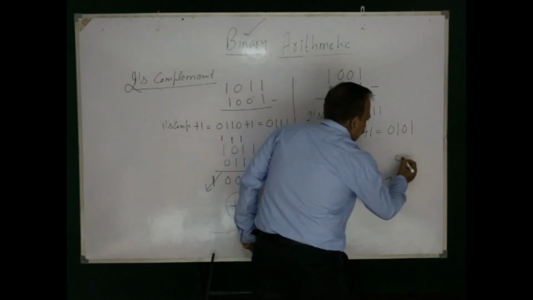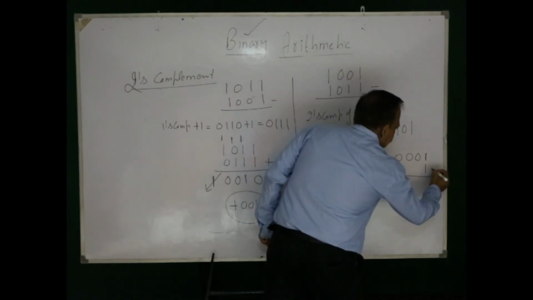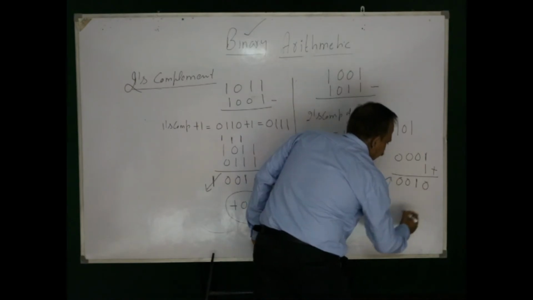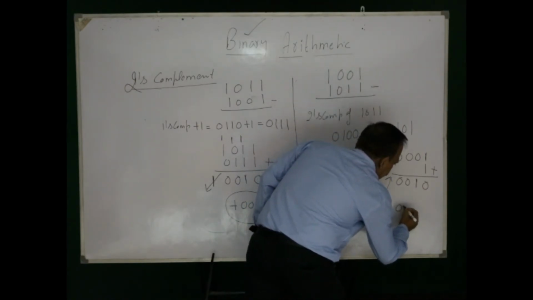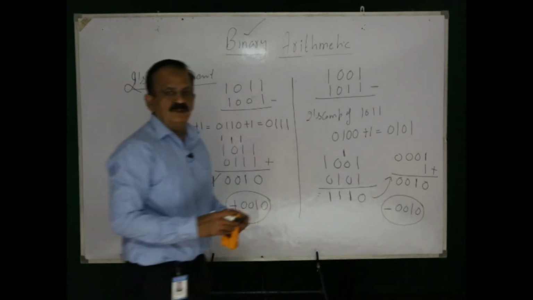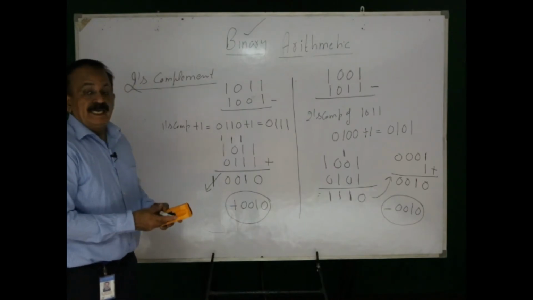First is 1's complement, 0, 0, 0, 1. And 1 is added to that. It is 0, 1, 0, 0. The answer is minus 0010.